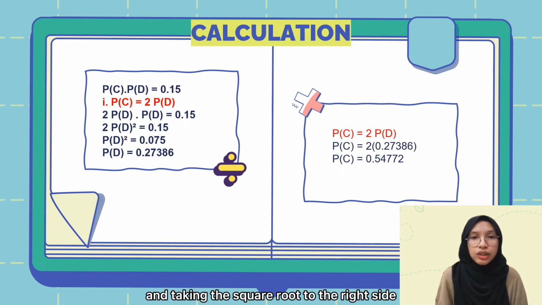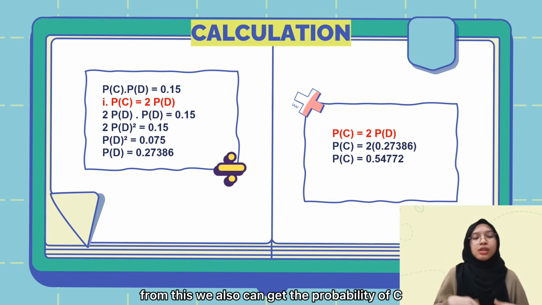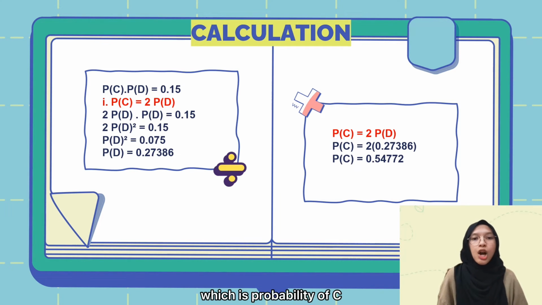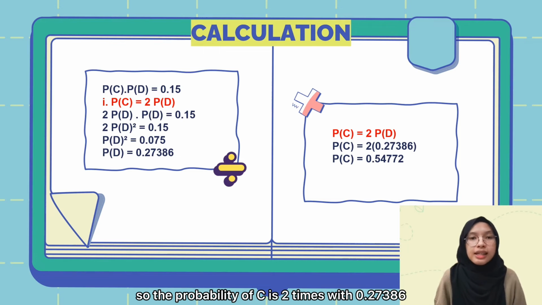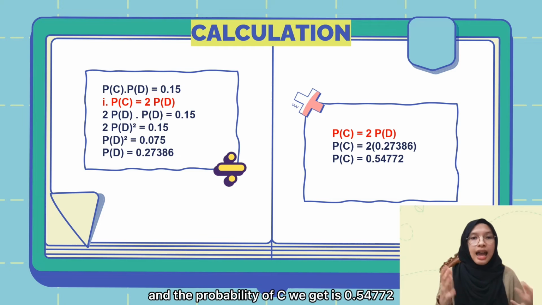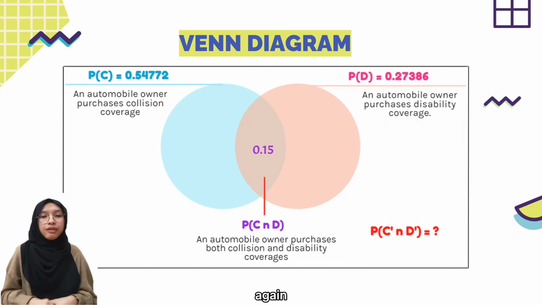Taking the square root, we determine the probability of D is equal to 0.27386. From this, we can get the probability of C, which is 2 times probability of D. So probability of C is 2 times 0.27386, and the probability of C we get is 0.54772.